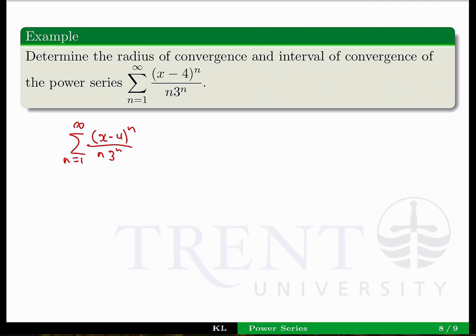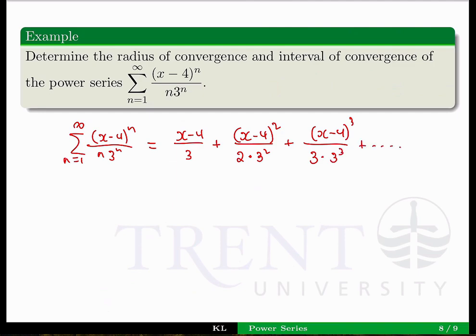If we expand this, we will have x minus 4 divided by 3 plus x minus 4 squared divided by 2 times 3 squared plus x minus 4 cubed divided by 3 times 3 cubed, and so on and so forth. Of course, when x equals 4, this is always convergent.